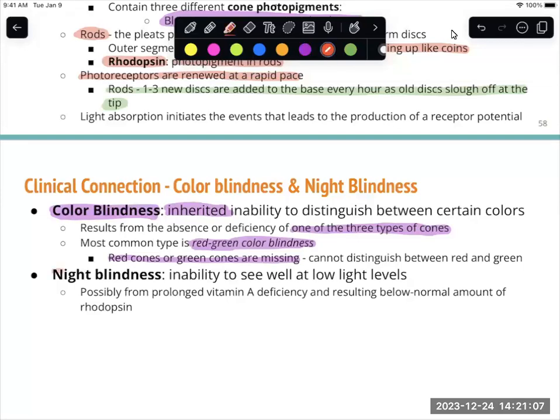Night blindness. Night blindness is not being able to see well in low light, and that has to do with your rods. Possible vitamin A deficiency. We need vitamin A to make rhodopsin.